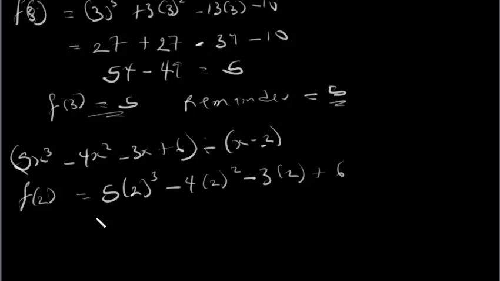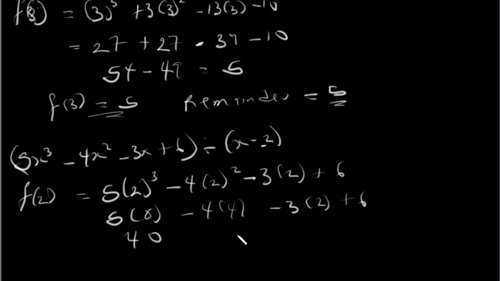So from here, we have 5 into 8 minus 4 into 4 minus 3 into 2 plus 6. This is 40, this is minus 16, and this is minus 6 plus 6. This 6 cancels this 6, so we have 40 minus 16, and that's 24. So the remainder in this particular polynomial is 24.